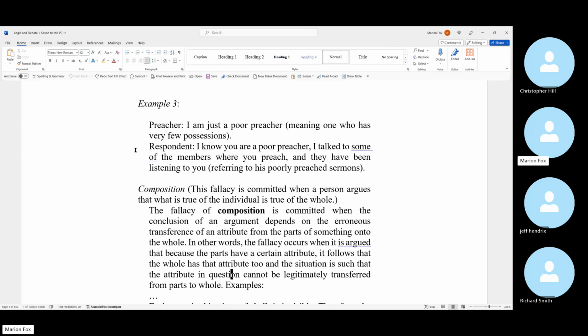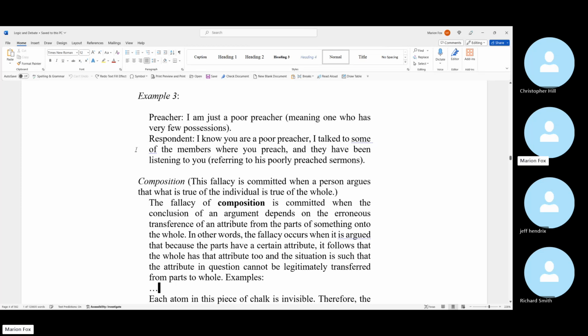All right, now we have another fallacy, the fallacy of composition. It's committed when a person argues that what's true of the individual is true of the whole. Let's go through this because you see this too. I see people making this mistake.